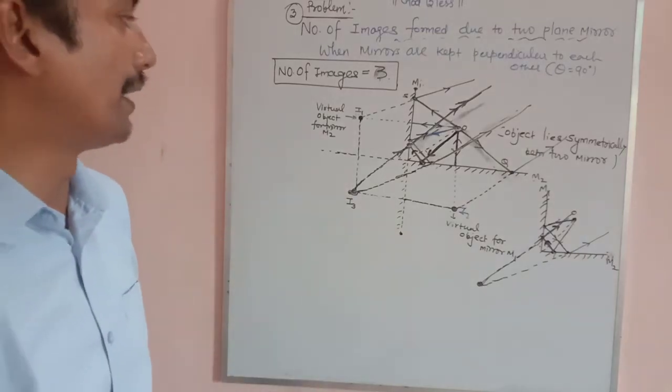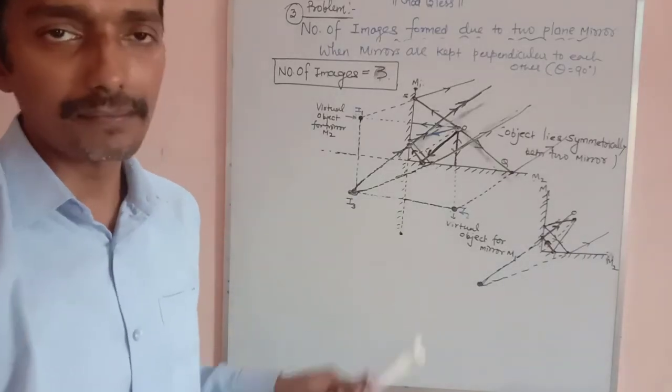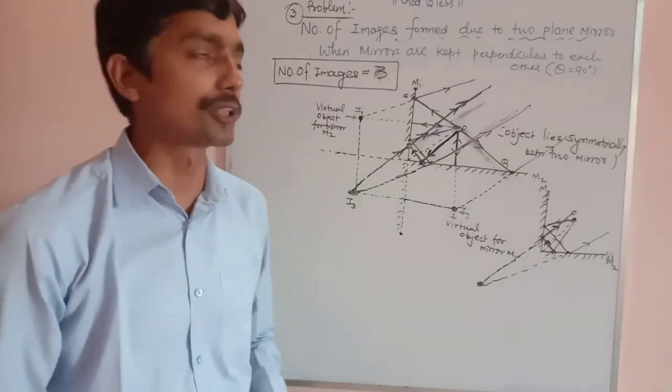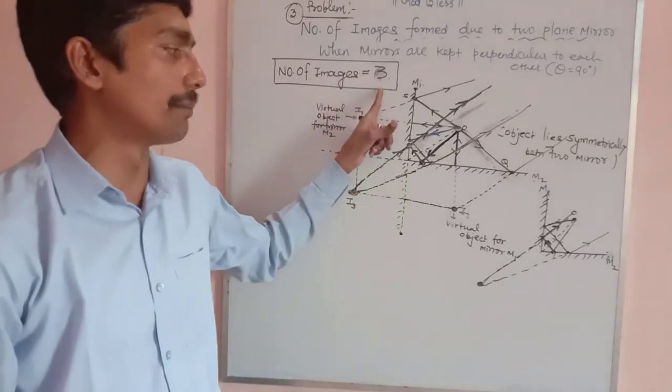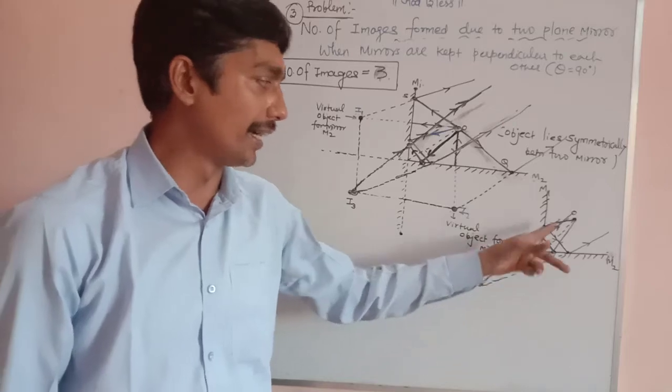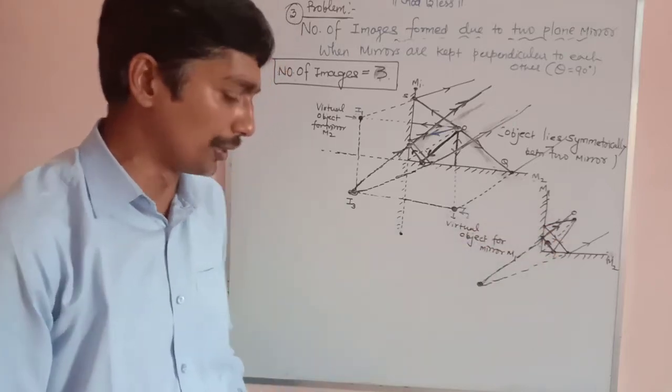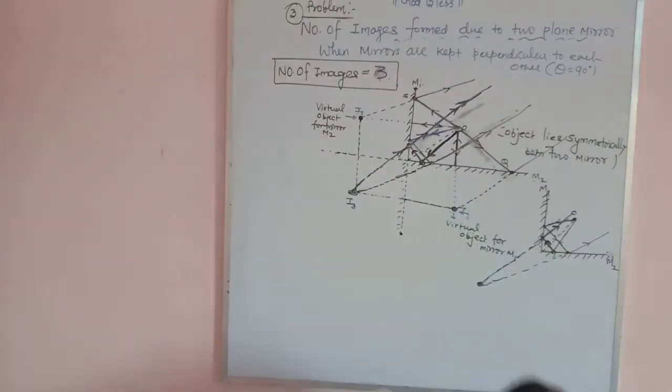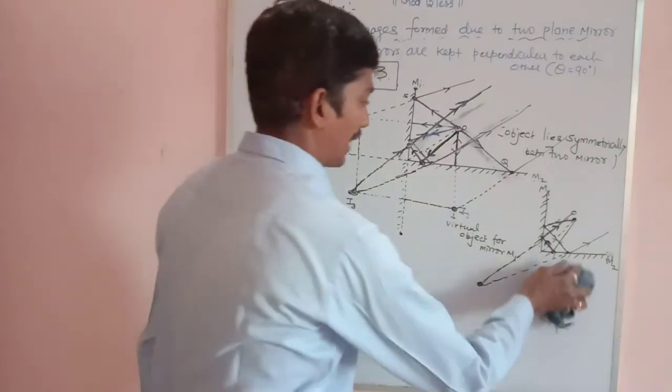So please everybody draw this diagram, and the answer for this question is 3 images. Number of images formed is 3. Here also I have drawn the diagram to show you, but no need to draw this diagram. So take care of this.